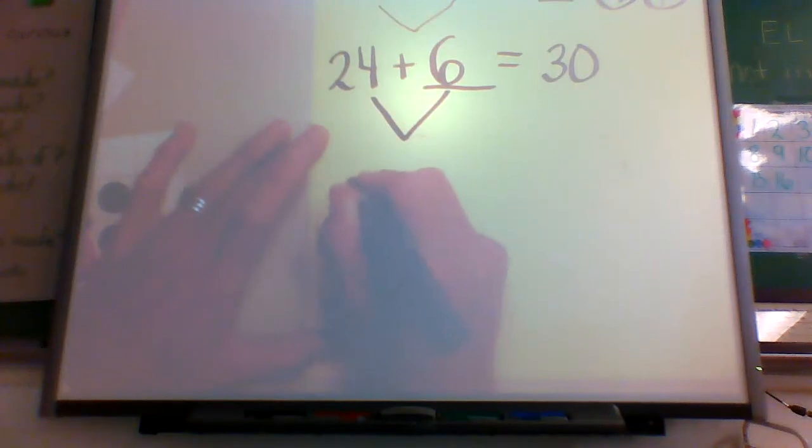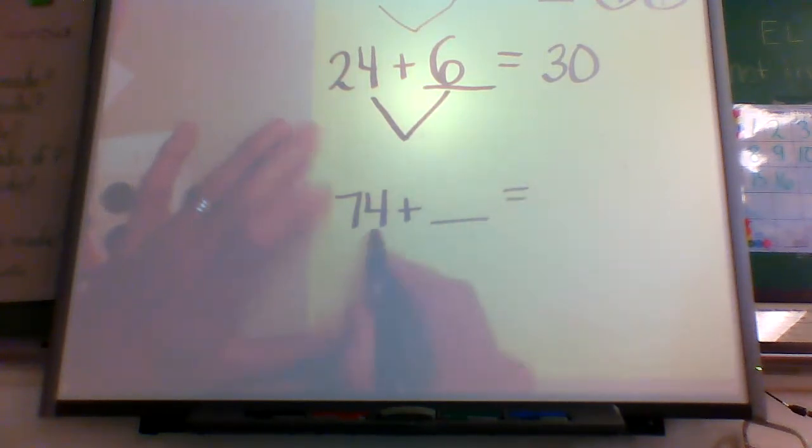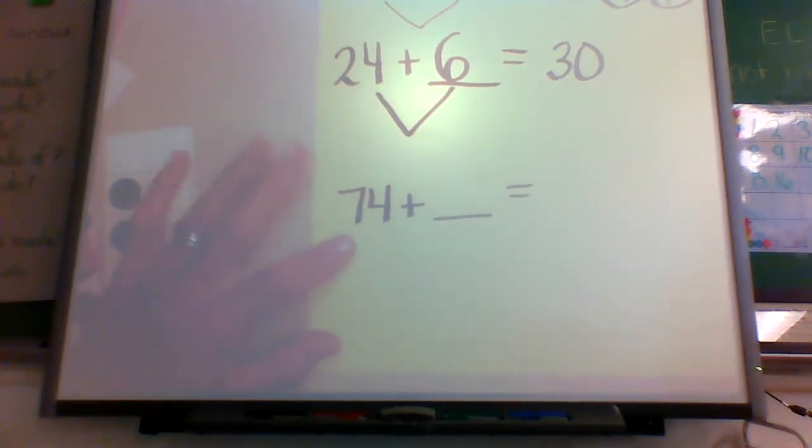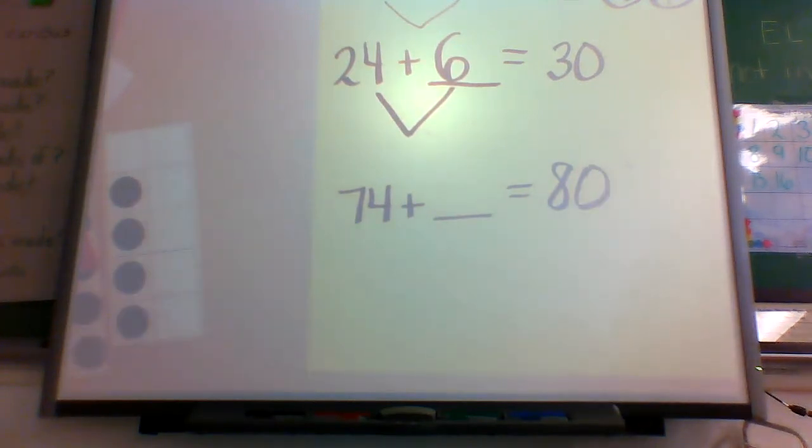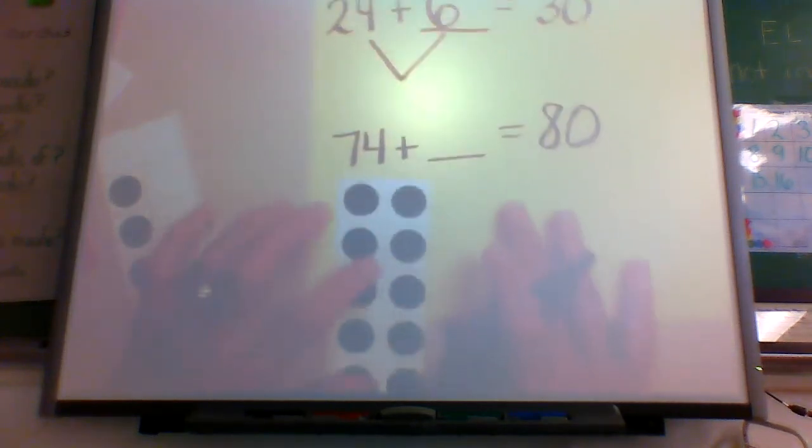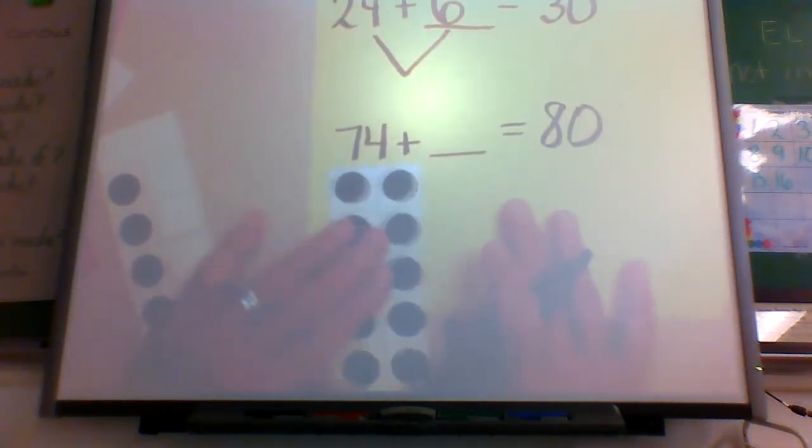Let's try 74 plus what will get me to my next 10. If we're at 70, my next 10 is going to be 80. I'm going to give you a chance to think about that. All right, let's pretend we have 7 of these, and we're going to count them by 10s.